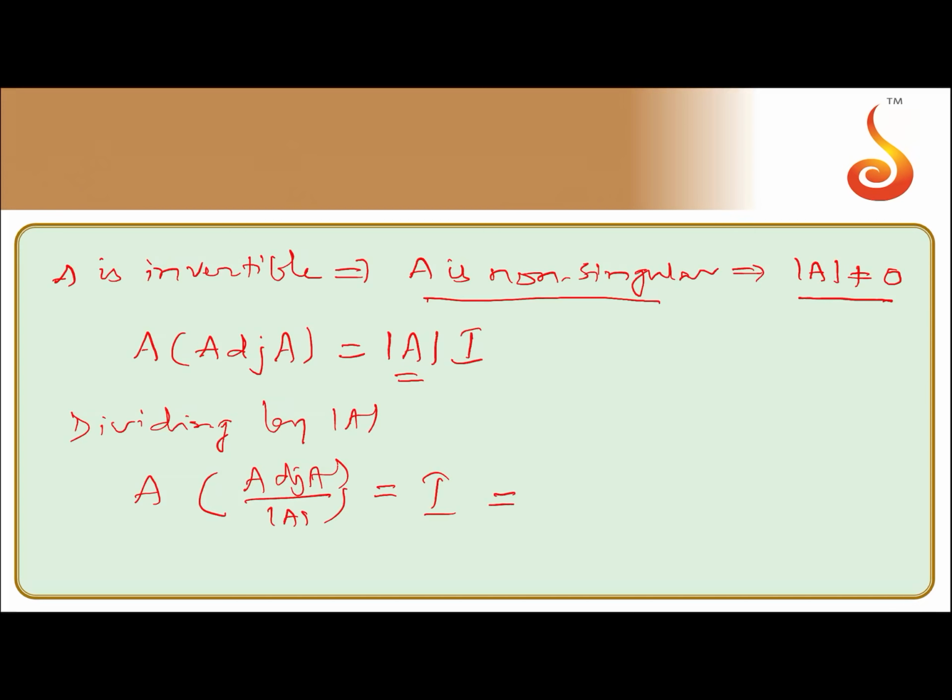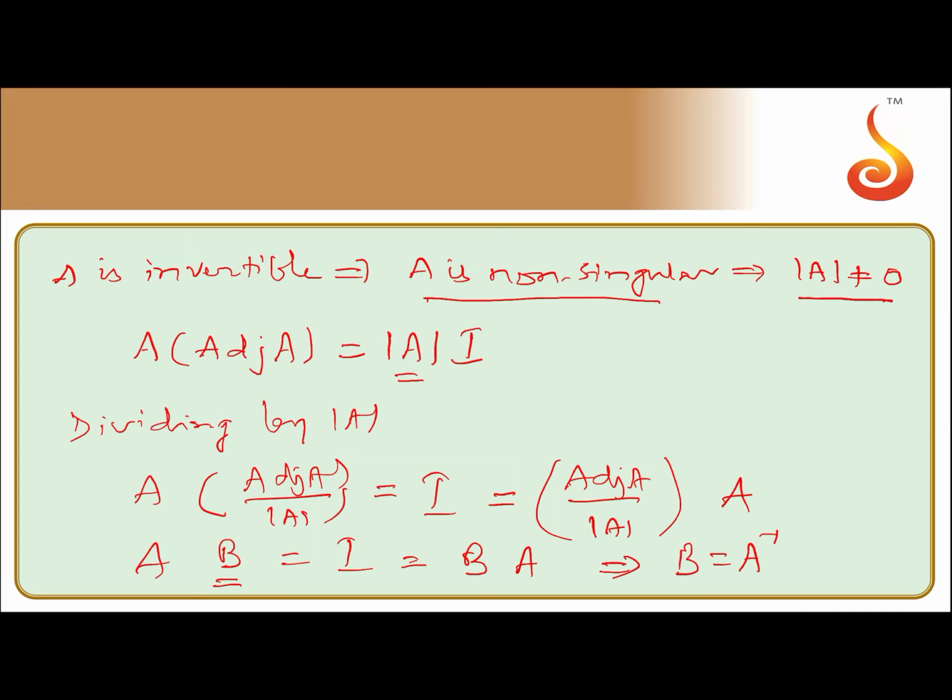In the same lines, adjoint A divided by det A multiplied by A. Now this expression is in the form AB equals the unit matrix equals BA. Definitely by the definition of inverse of the matrix, the matrix B is nothing but the inverse of A. Therefore B equals A inverse, which is adjoint A divided by det A.